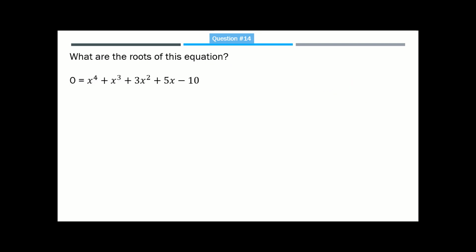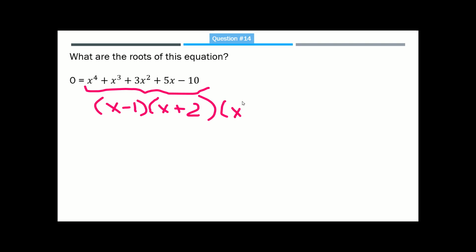All right, we're almost done. Question number 14, we want to find the roots of this equation. So we would take this and we would need to factor it. And this factors into x minus 1 times x plus 2 times x squared plus 5 equals 0.